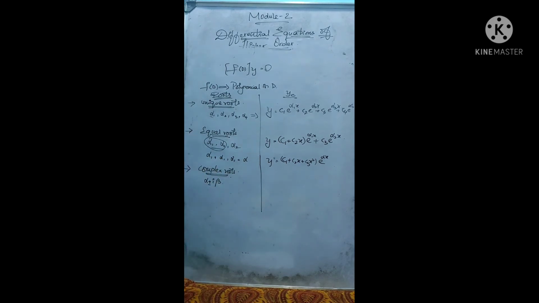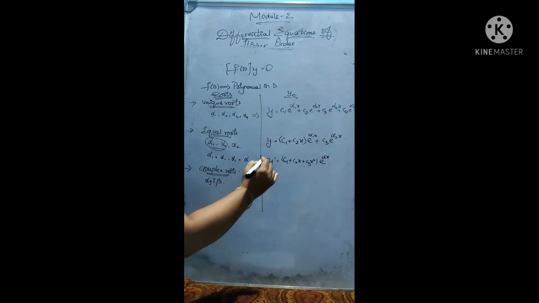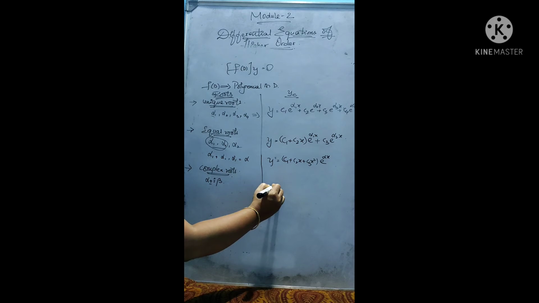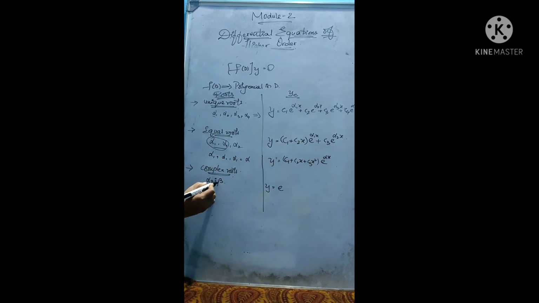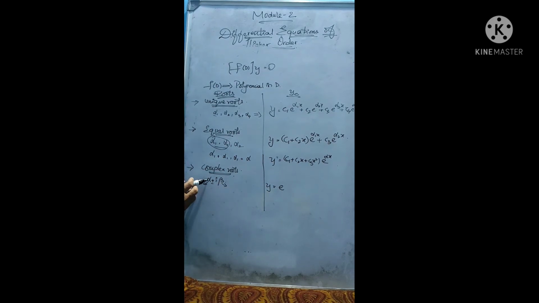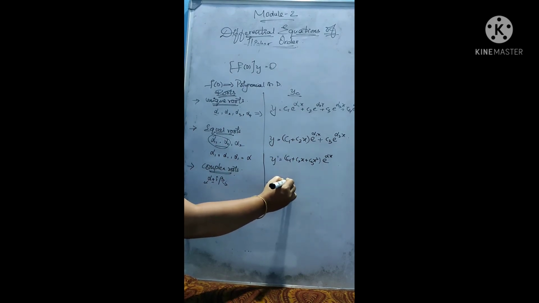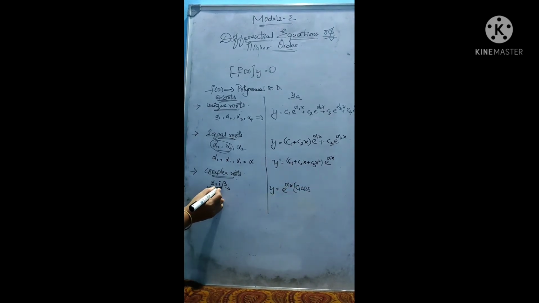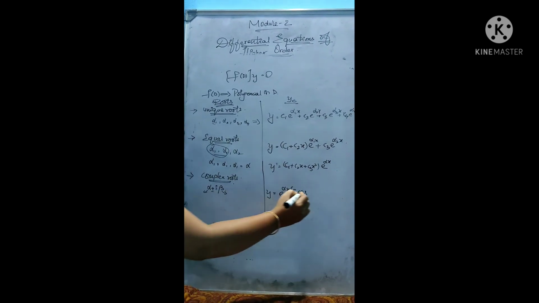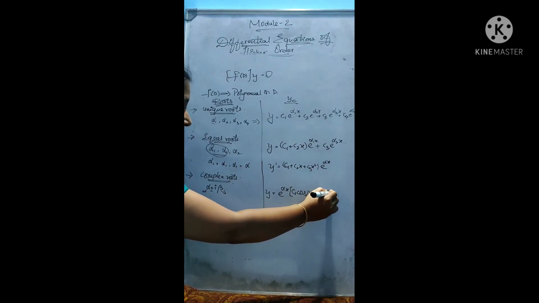Whenever you have complex roots in the form of alpha plus i beta, then the complementary function y is equal to e raised to, there is a real part and the imaginary part in this, right? This is the real part and this is the imaginary part. So alpha is the real part. Real part should go to the coefficient of x in the exponential form, e raised to alpha x into c1 cos, consider the imaginary part, that is beta x, plus c2 sin beta x.